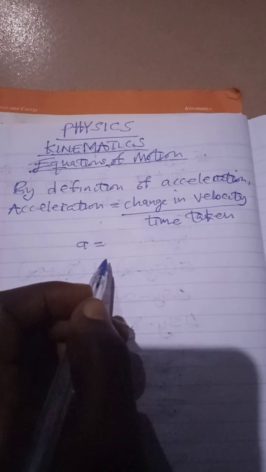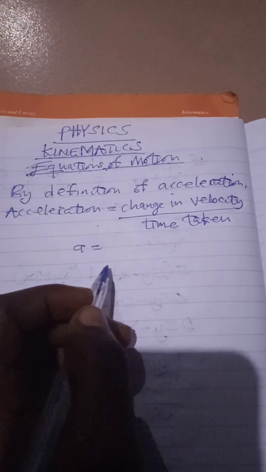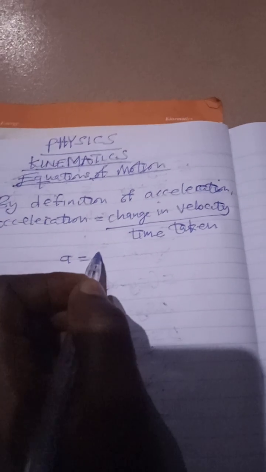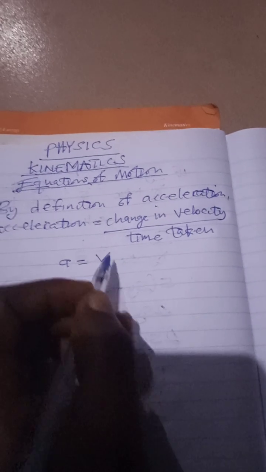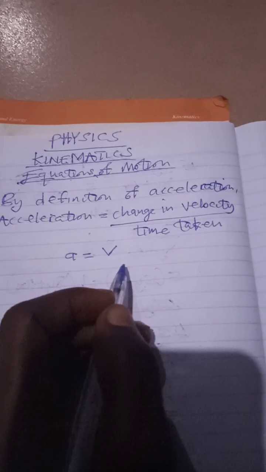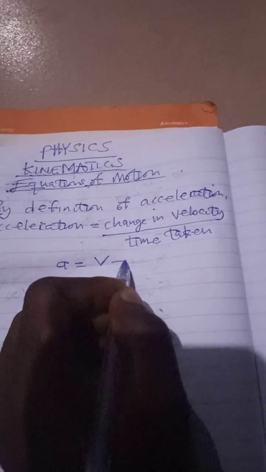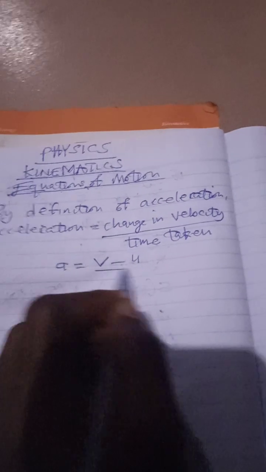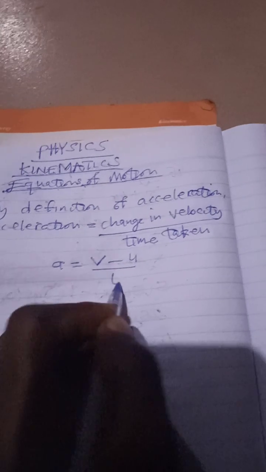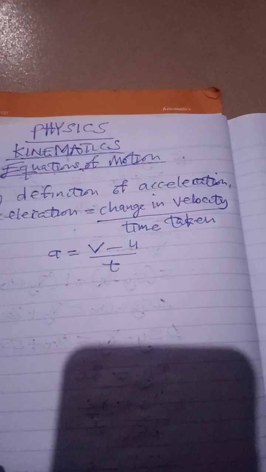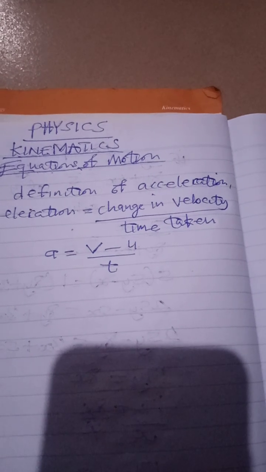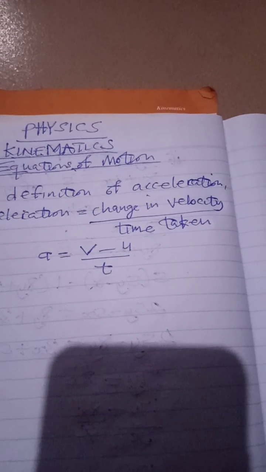Then you know that the symbol for acceleration is a, right? a is equal to change in velocity. In the previous video, you use v to represent final velocity and u to represent initial velocity, over the time taken, t.